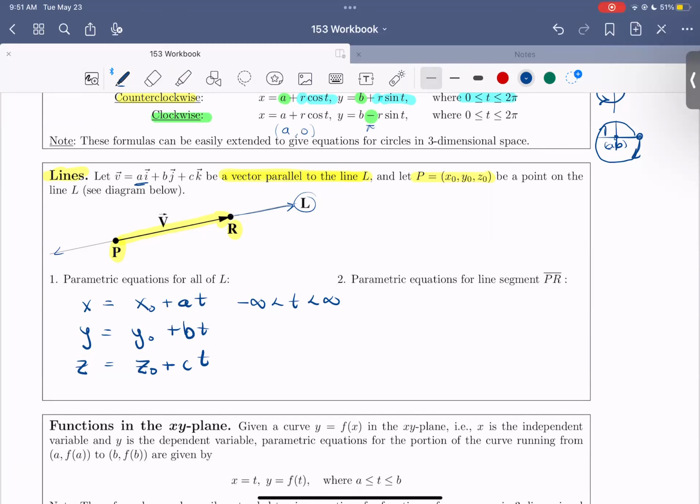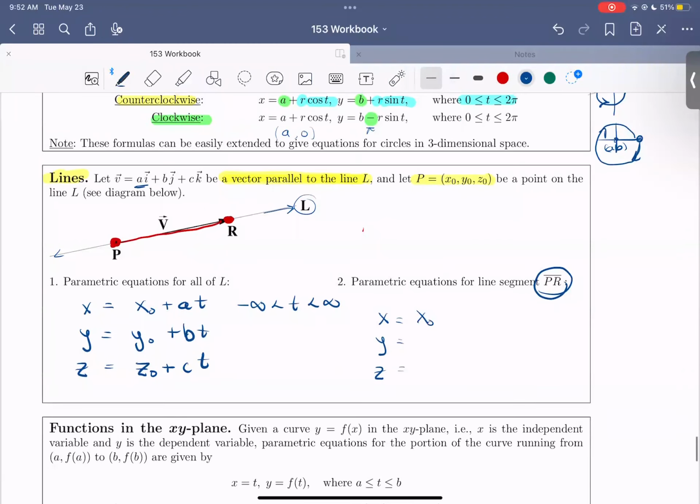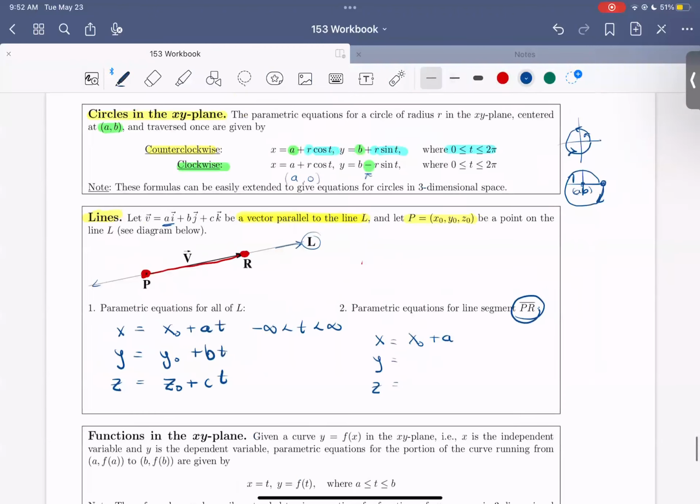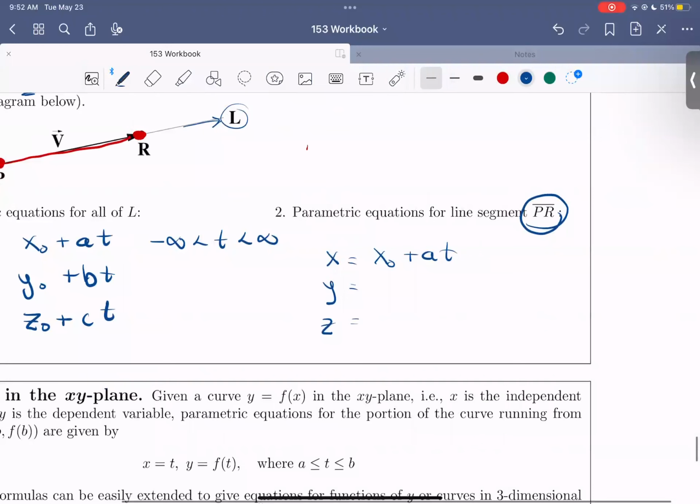But what if instead we only want to parametrize the line segment here from P to R? That means we only want to describe the line segment P to R. Well, we're going to have a similar setup. So we do need maps for each of our coordinates. And so we're still going to traverse along our line: x naught plus at, y naught plus bt, and z is z naught plus ct.